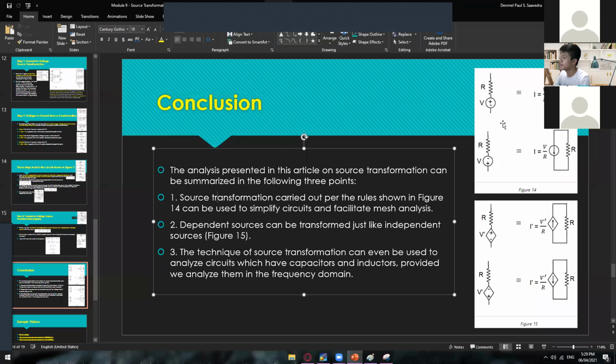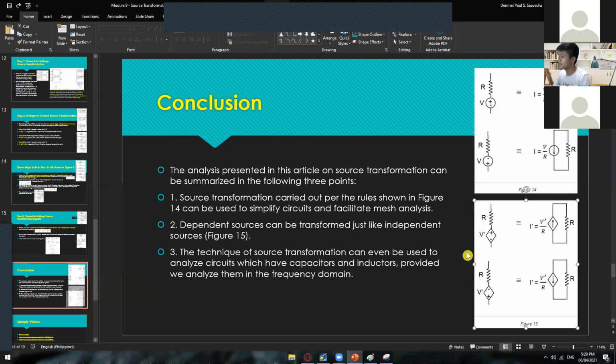One thing that you need to see also is the polarity. The polarity here is positive, so we have to change the direction also. Wherever is positive, that is the direction of your current. And the other one is we have a voltage source into a current source.